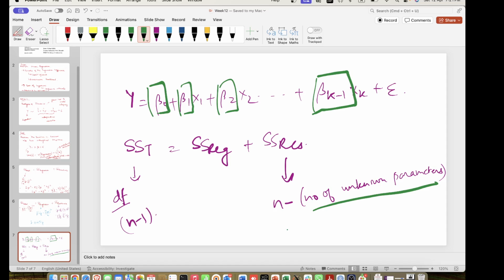So this one will be k. Alright, and since these are additive, n minus 1 and n minus k, the degrees of freedom for this one would be k minus 1.